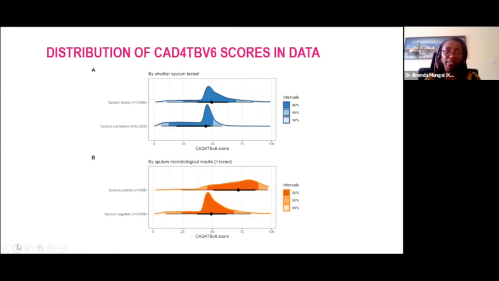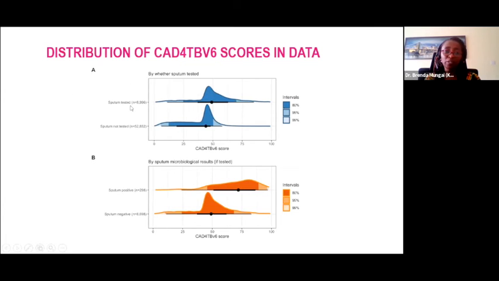So again, these were findings of the CAD scores. We looked at those that had sputum tested. Remember, the reason for sputum testing was either chest X-ray abnormality and/or symptoms, such as cough for more than 2 weeks.